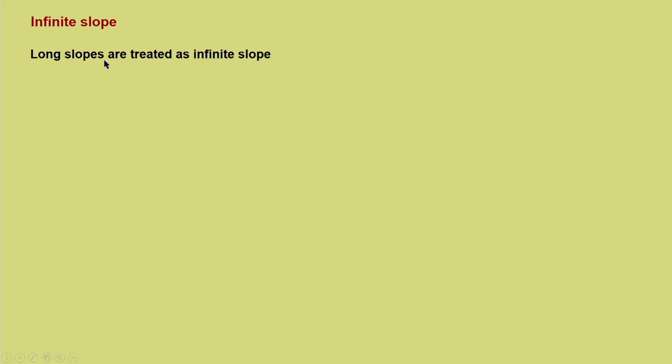Now, let us take some common examples in the field and see how the stress path changes. Let us first take the case of an infinite slope. What is an infinite slope? Long slopes are treated as infinite slopes.